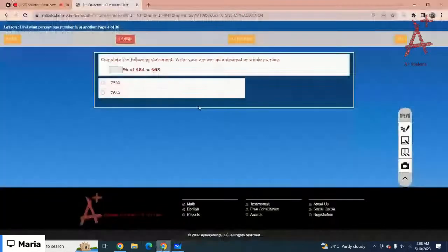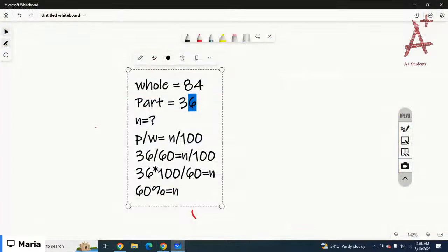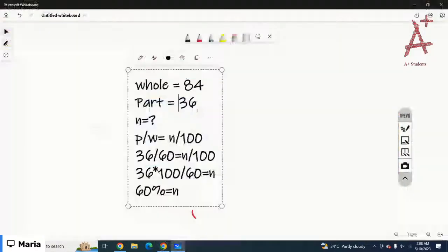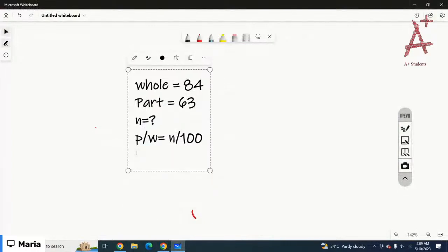You need to calculate what percent of 84 is 63. So just put the values in the proportion. It would be part divided by whole, so 63 divided by 84, and that equals n divided by 100.